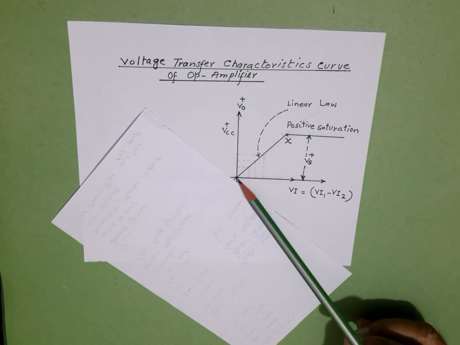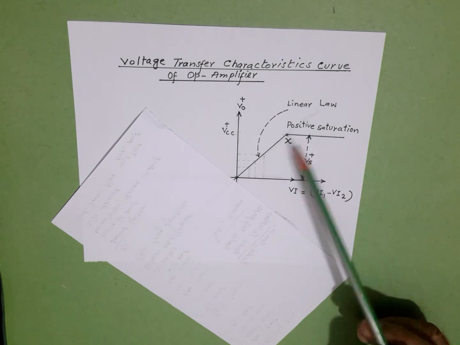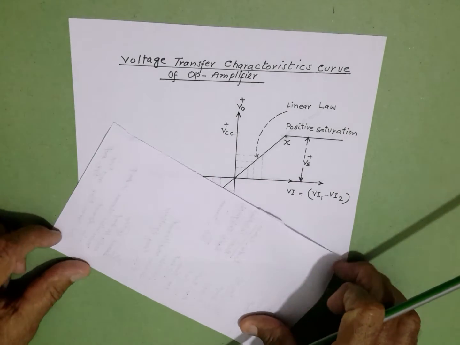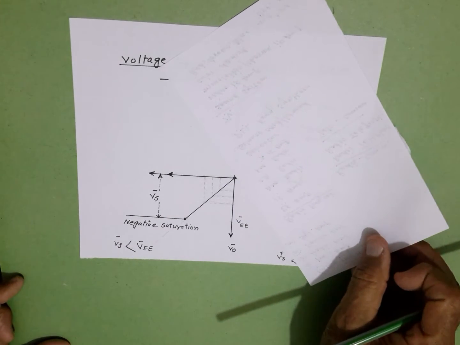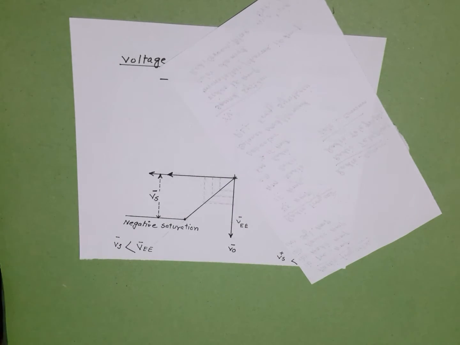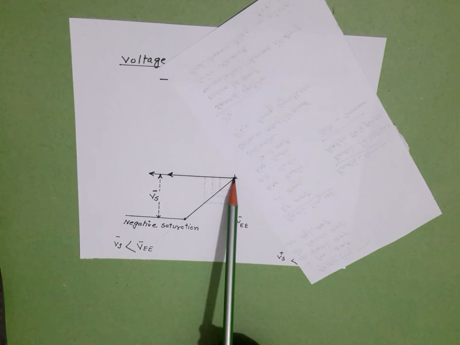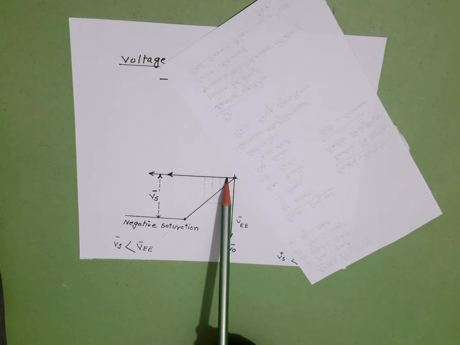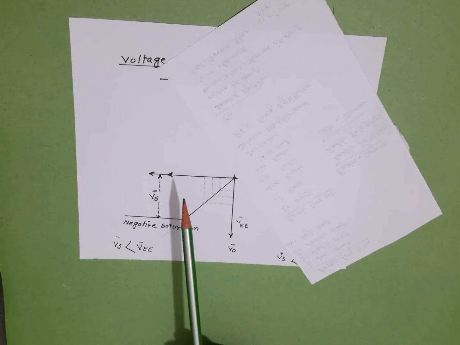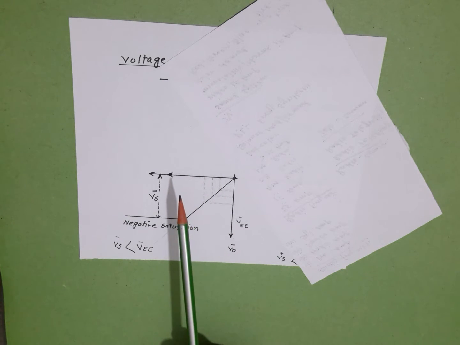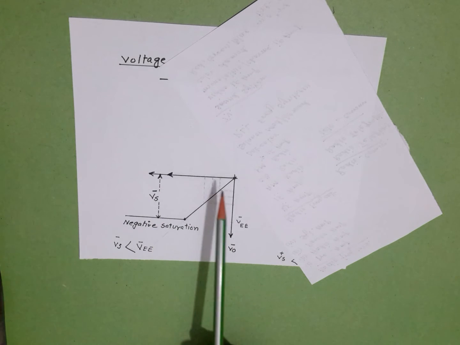The operational amplifier should operate in the linear portion. Similarly, this was in the positive direction and this is in the negative direction. From 0, when the input voltage increases in the negative direction, meaning the operational amplifier is working as an inverting amplifier, input 1 is 0.